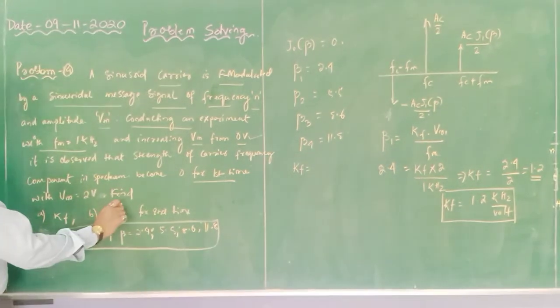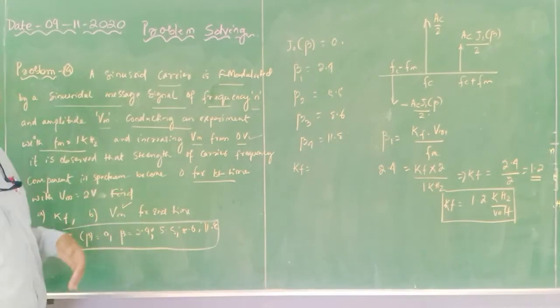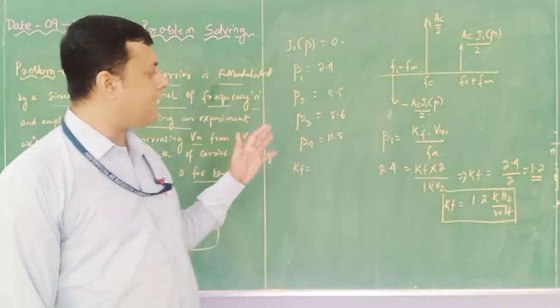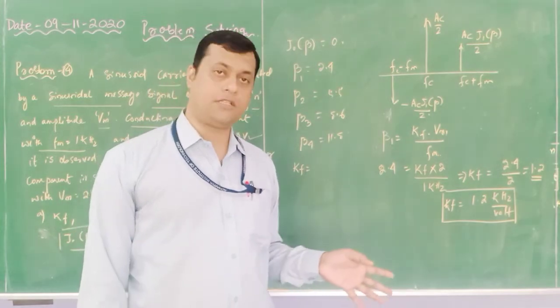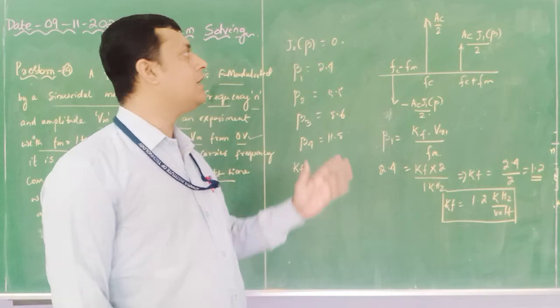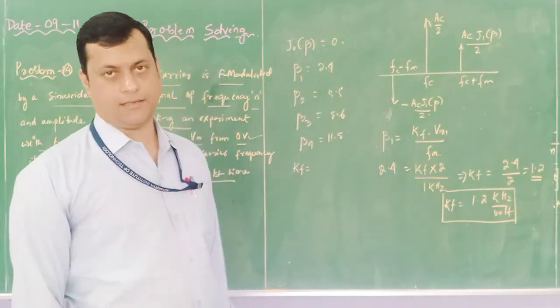Next we have to determine what will be the Vm for the second time. Always remember that your Kf is not going to change throughout the system, because Kf is the frequency sensitivity of a frequency modulator.